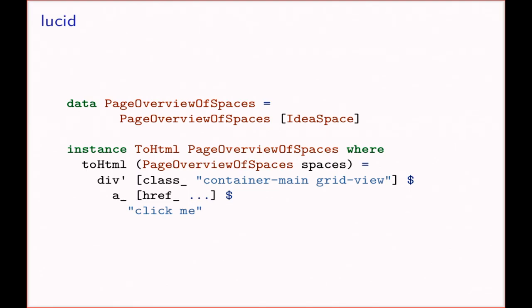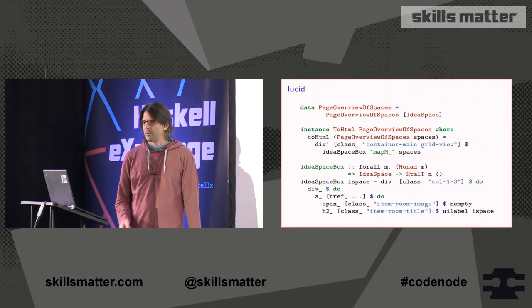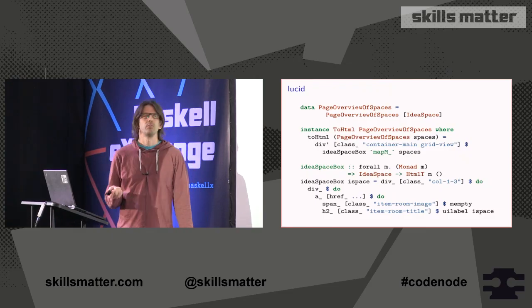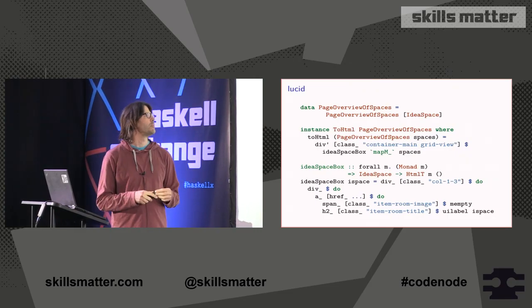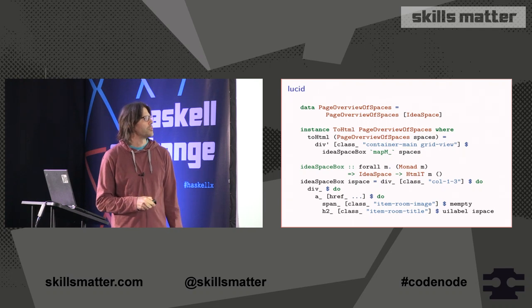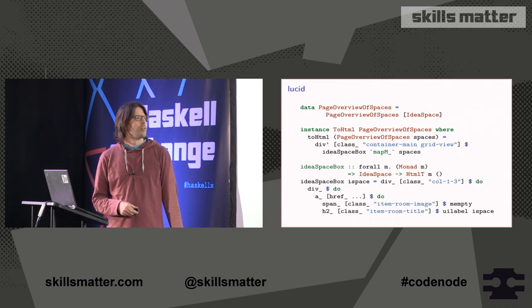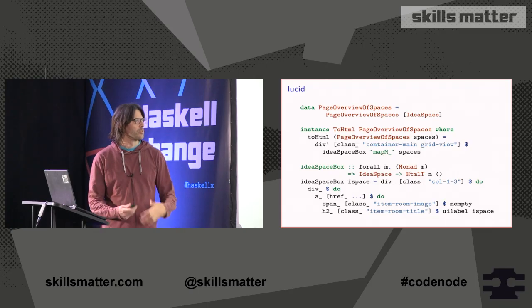You have a toHTML class that you instantiate for the pages that you want to render, and then you just write HTML in a slightly different syntax. And this is the introduction code of the page that you've seen in the beginning. So it gets a bit more concise than most templating languages because you can use map and define functions for things that happen over and over again and so on.